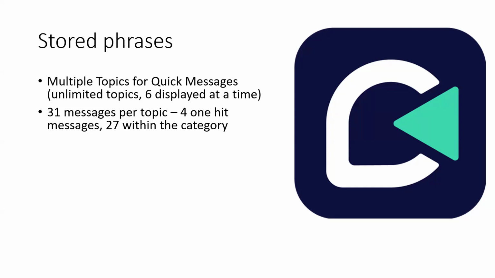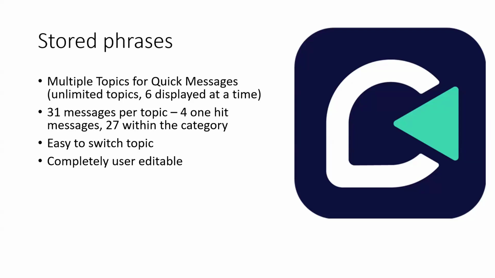4 of those are one-hit messages, which stay above your keyboard. And then when you go into the category, you'll see 3 pages of 9 messages, so an extra 27 messages. It's really easy to switch between your topics, and the topics are completely user editable. So the user can create their topics, edit them, create new topics and add content to them totally independently.